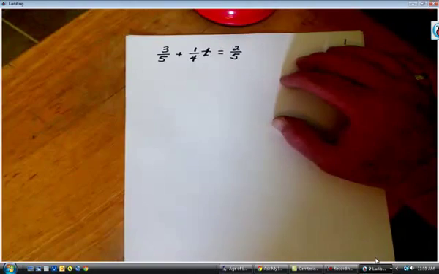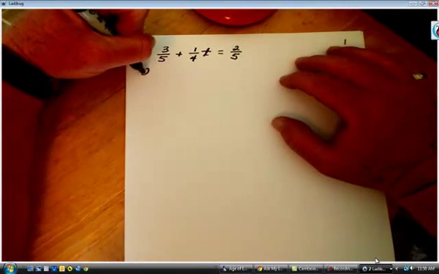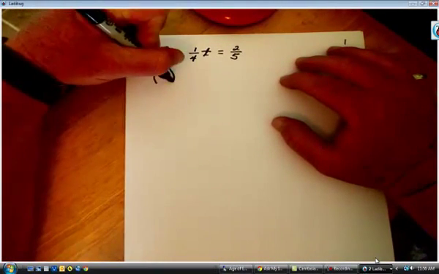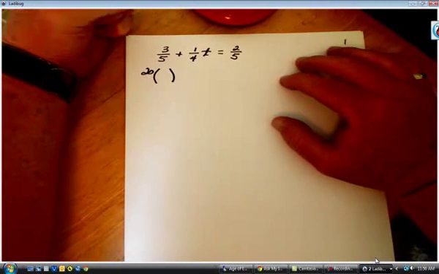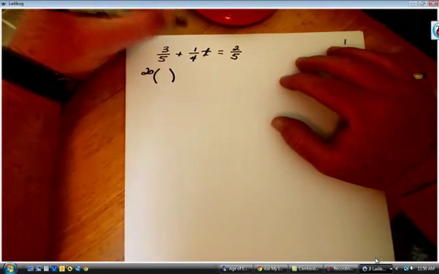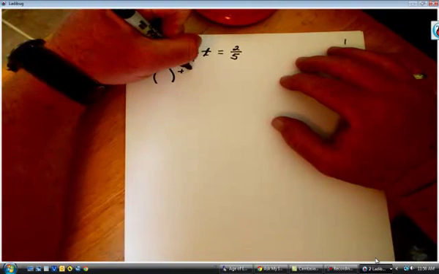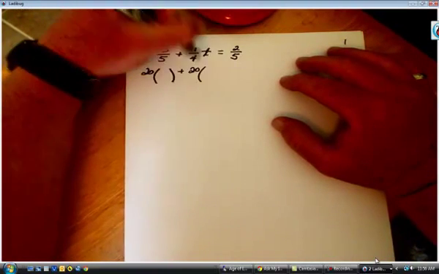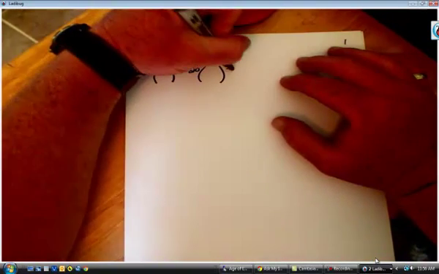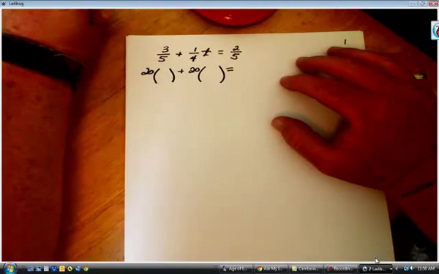So here we go. 20 times the first thing, and I just put up a parentheses to represent the first term, plus 20 times the second thing equals 20 times the third thing.